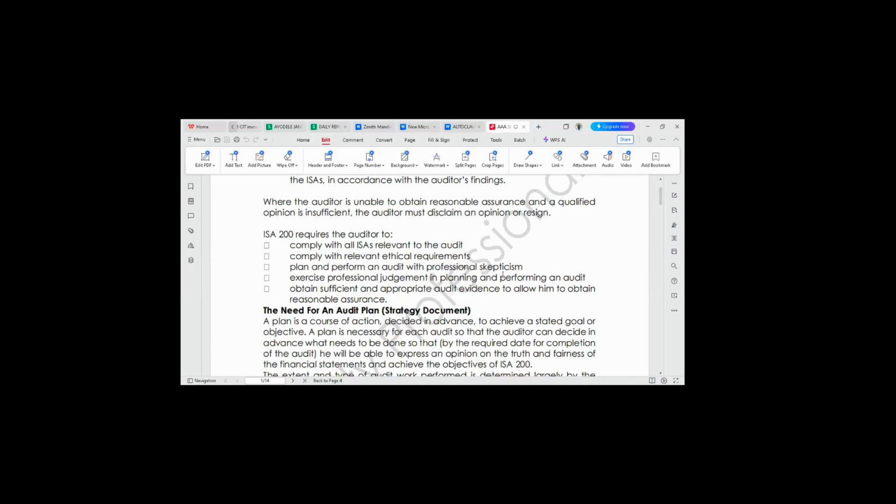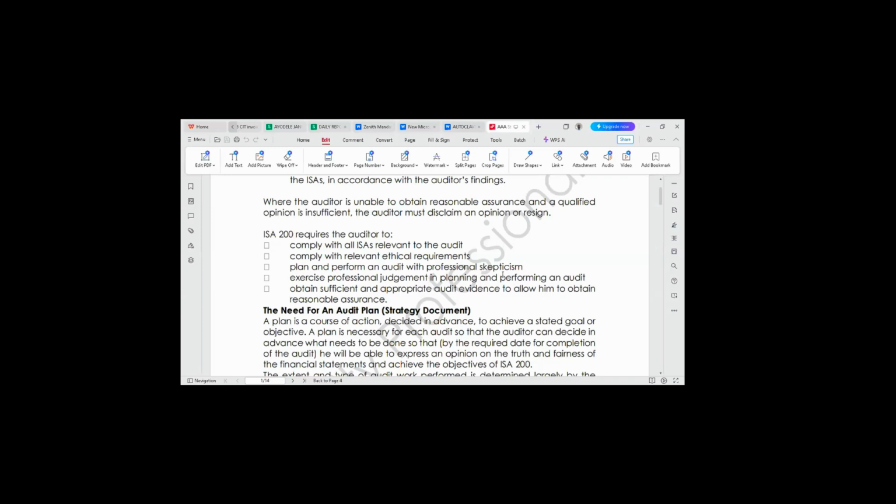Like I said, an audit strategy is just giving overall information about how the audit will go in terms of the planning decisions. But the audit plan goes in depth to analyze how the auditor will achieve this audit strategy. How the auditor will achieve the audit approach is what we are talking about in the audit plan. So you look at expenses; you have to have an audit plan for expenses.